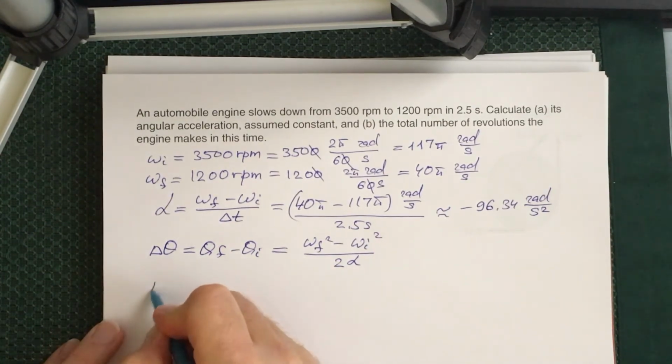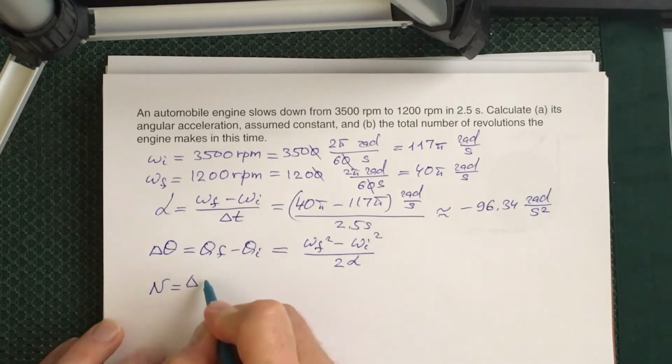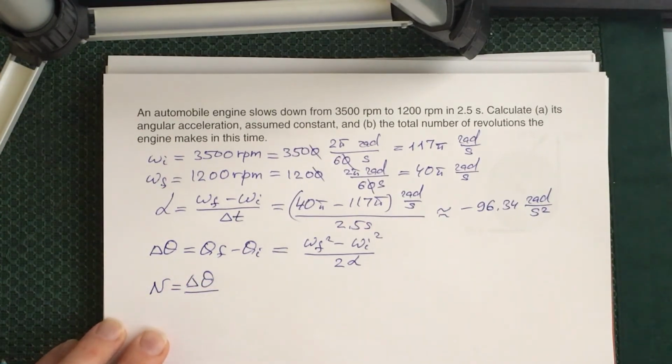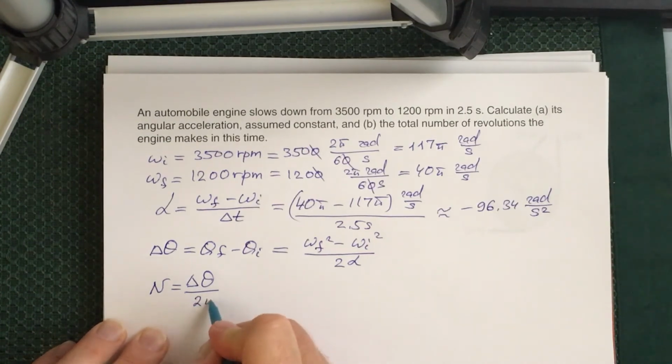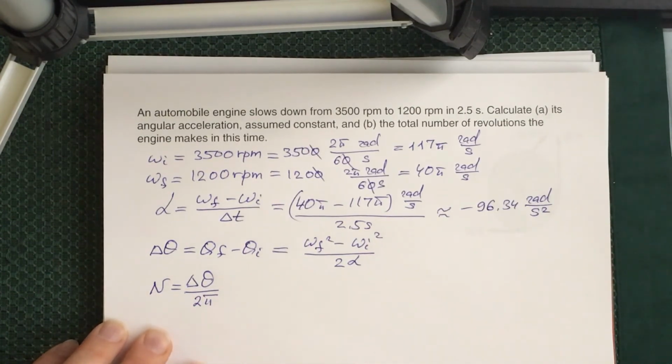And then to find the number of rotations, you have to divide this angle through which the engine rotates by 2 pi, because in one rotation the angle will cover 2 pi radians.